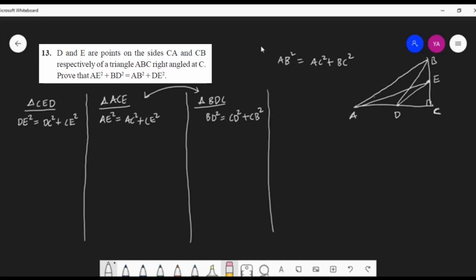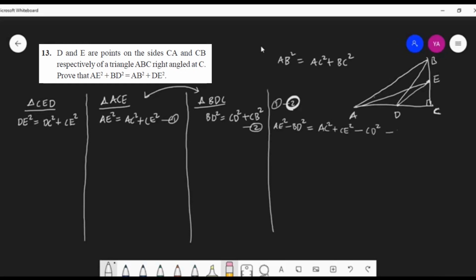Okay, suppose this is 1, this is 2. So let me do 1 minus 2 first. If it is not coming correct, we'll do something else. That's how we practice maths. Just try something. If some error comes, do the next one. So 1 minus 2, how will it come? AE square minus BD square is equal to the right side: AC square plus CE square minus, inside a bracket, CD square plus CB square.